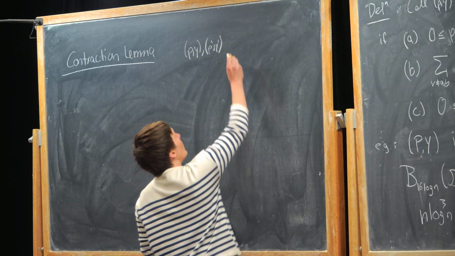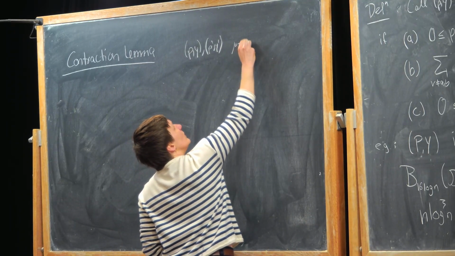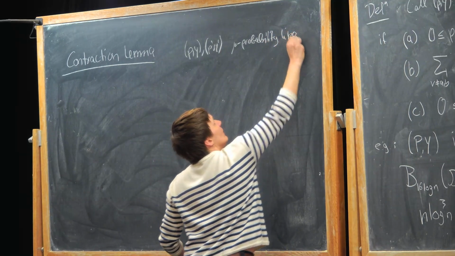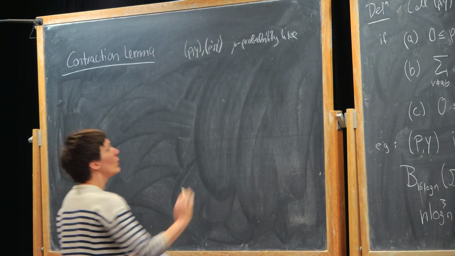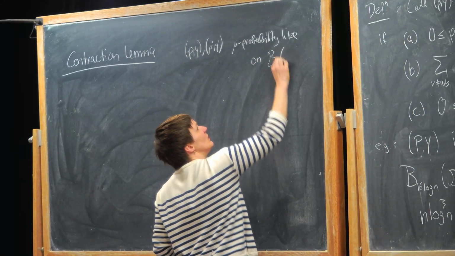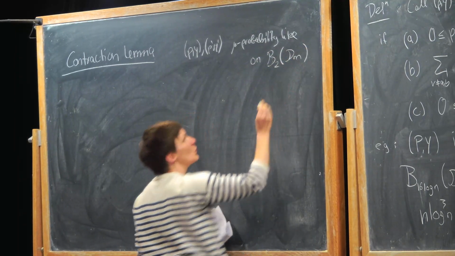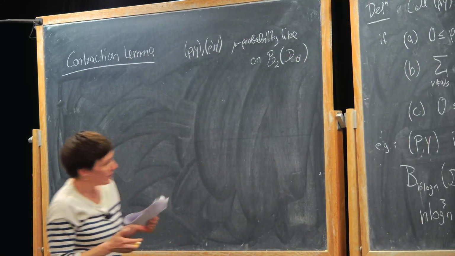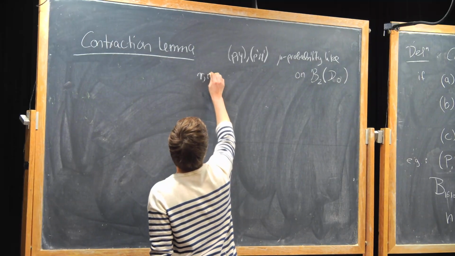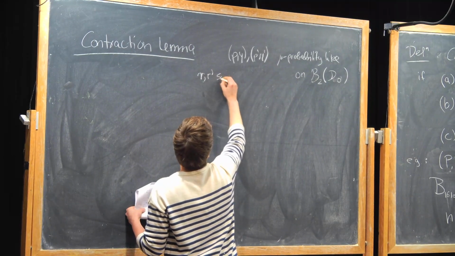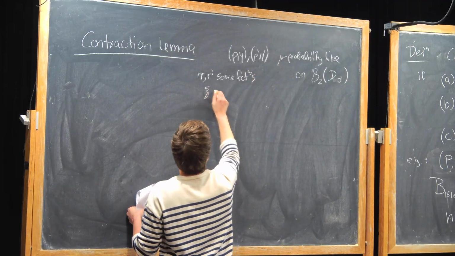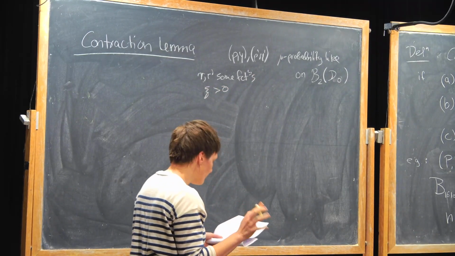You want that they are both mu probability-like, and on some B2 of d0, and R and R prime are just some functions, and psi is something greater than 0.